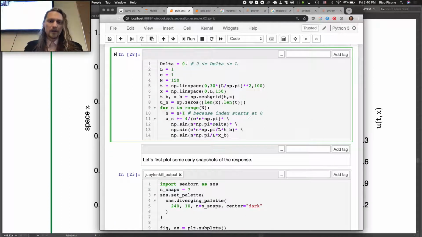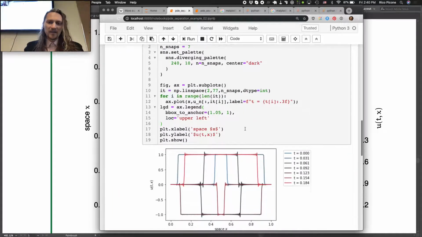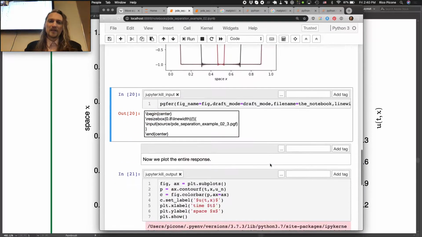Here, so I'll do delta 0.5. What you see is the wave grows outward, and then once it hits the outer edge, it flips the whole thing, and then it comes back inward, and it shrinks to a point.